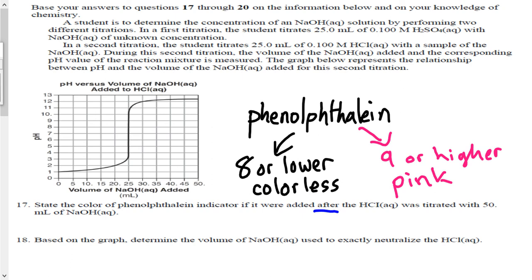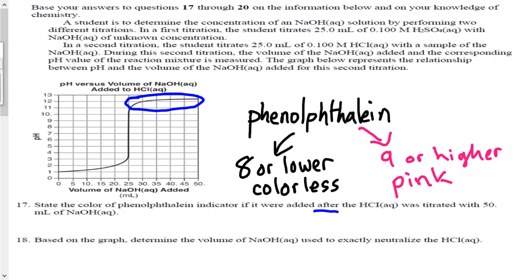So after titration, after reaching the equivalence point, the pH of the solution is above 9. And we know that phenolphthalein, based on reference table M, will be colorless for any solution that has a pH of 8 or lower.